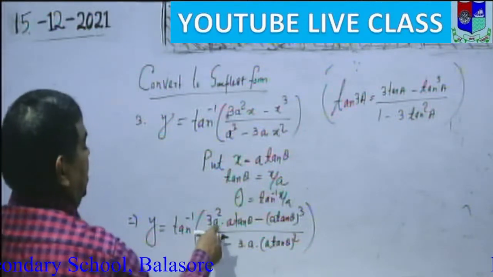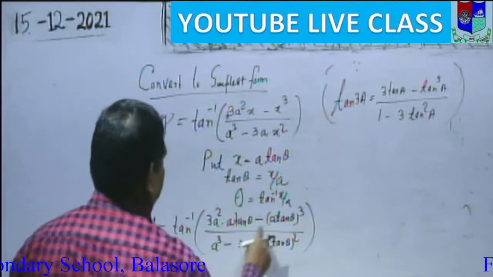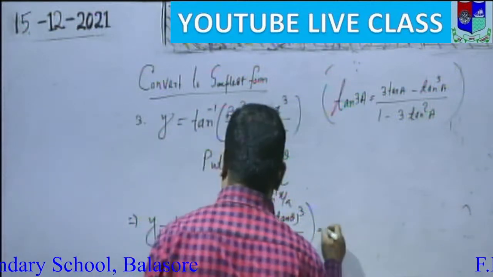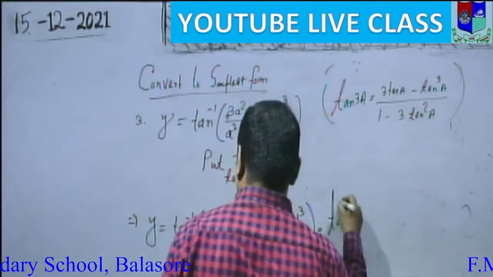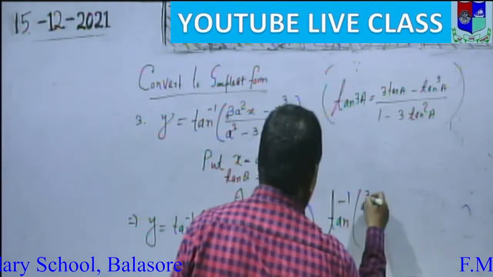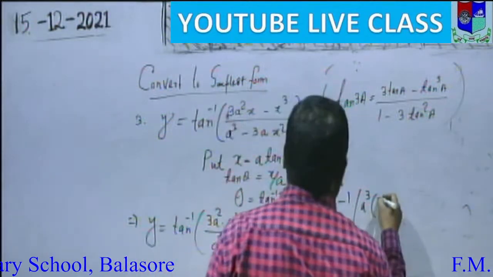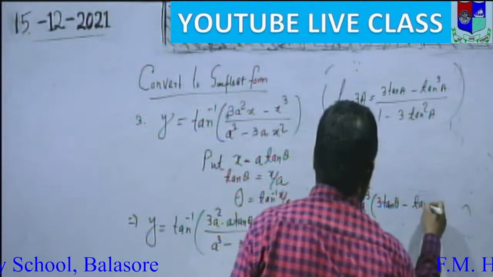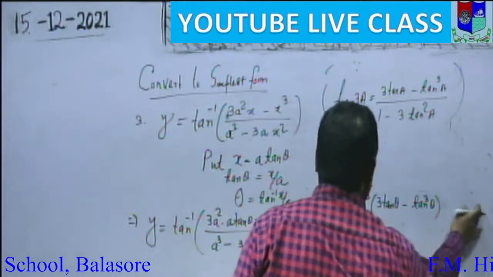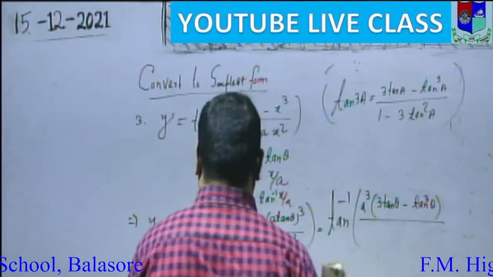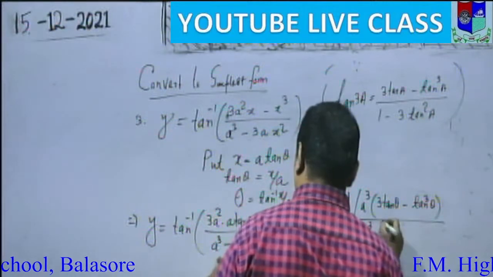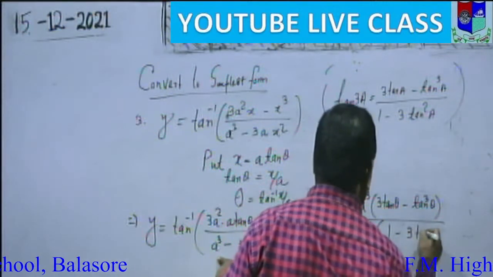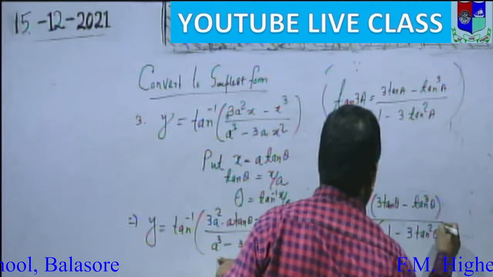Here is a cube, here also a cube. Taking a cube common: 3 tan theta minus tan cube theta, over a cube common, 1 minus 3 tan square theta.